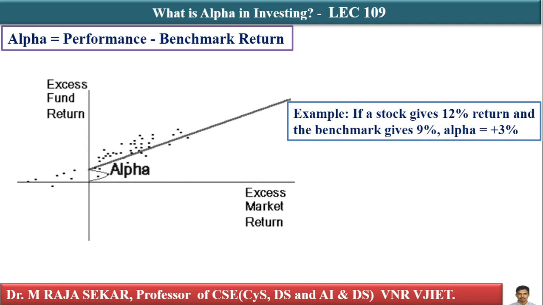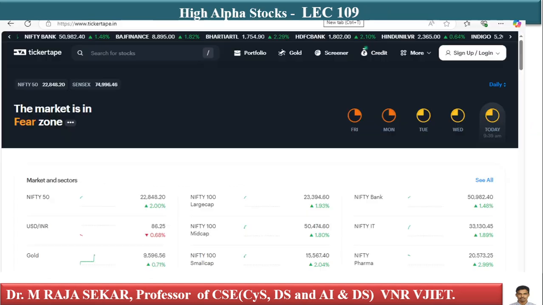3%. As we were discussing, positive alpha means what? Positive alpha means outperform the benchmark. Negative alpha means underperforms. Alpha is the measure of a stock's performance relative to a benchmark index. Actually, I already showed how to check alpha value. Just go to tickertape.in.